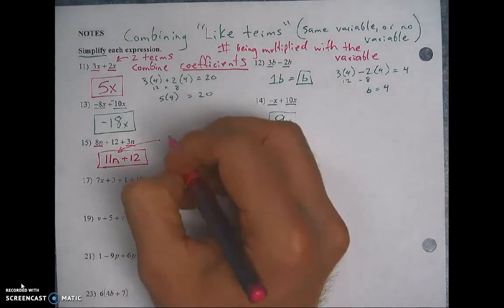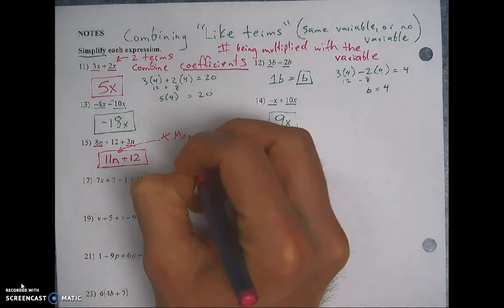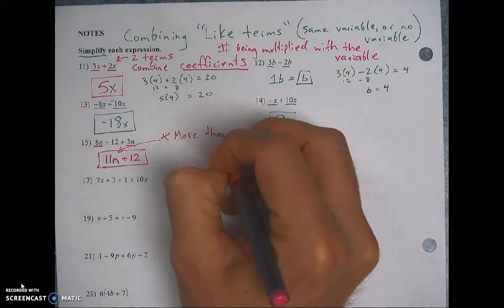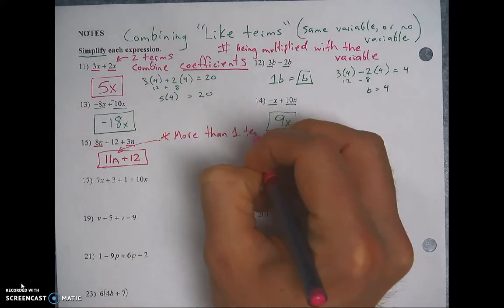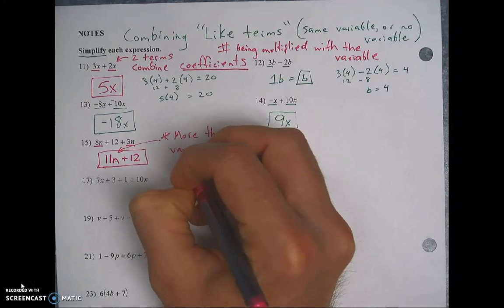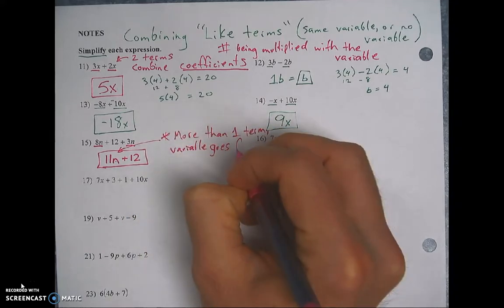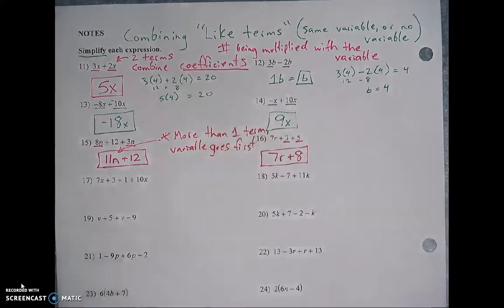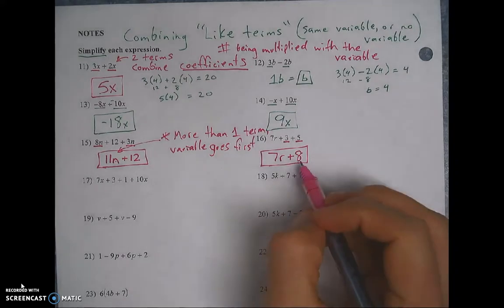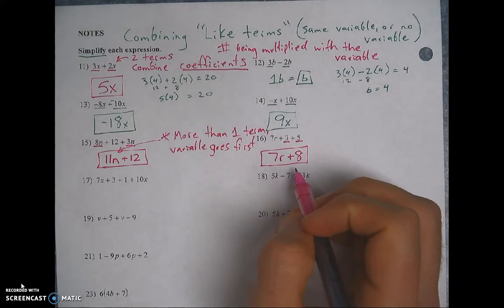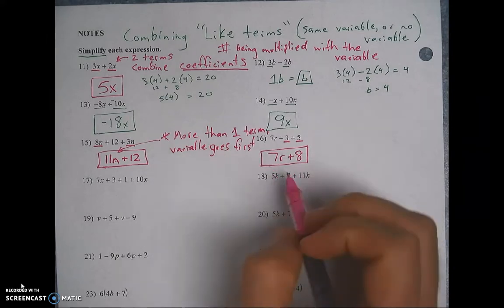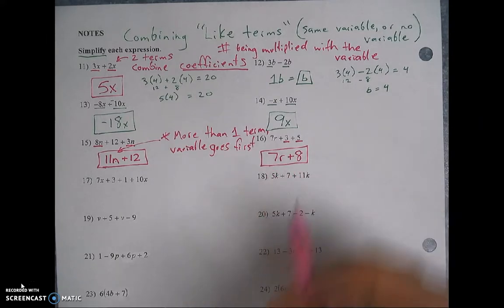So when there is more than one term, the variable goes first. Okay, that's one of those things that's just proper form. It's still equal to, if you put 12 plus 11n in, or you put 8 plus 7r, that's not wrong, it's still equal. But proper form is going to have those variables up front.